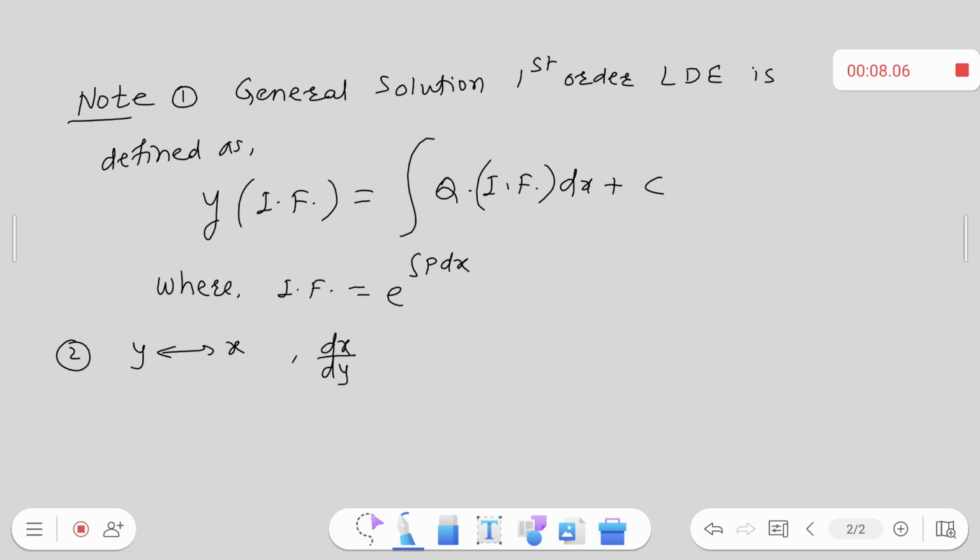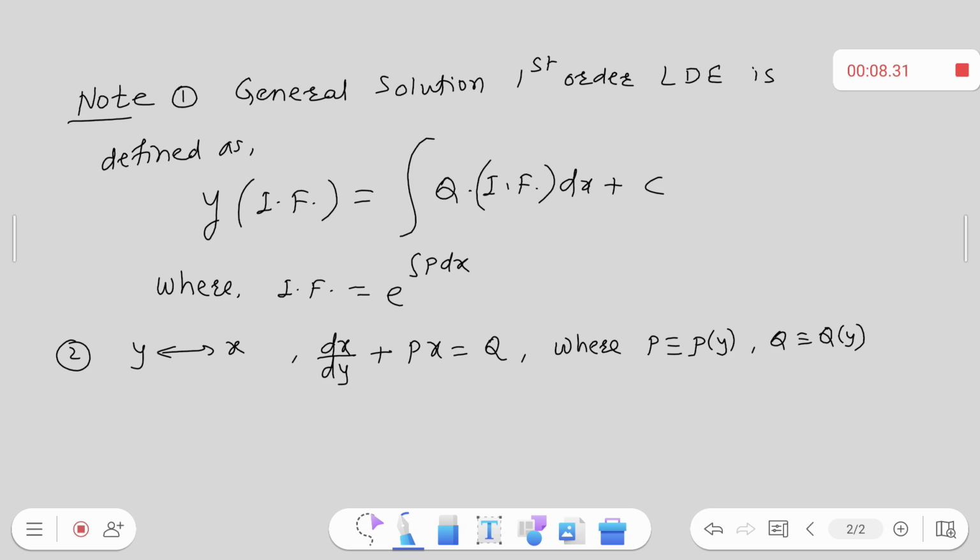Then we may get one more linear differential equation in terms of x as dx by dy plus px is equal to q, where p and q are functions of y.